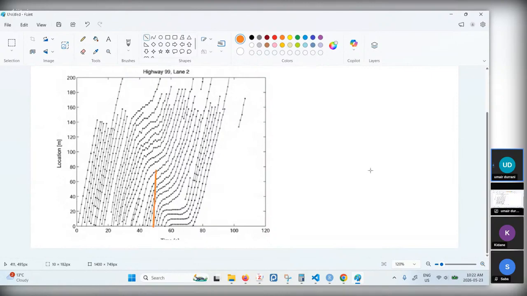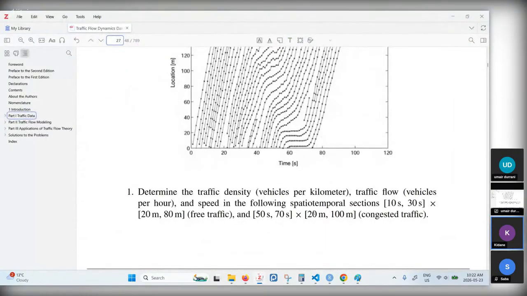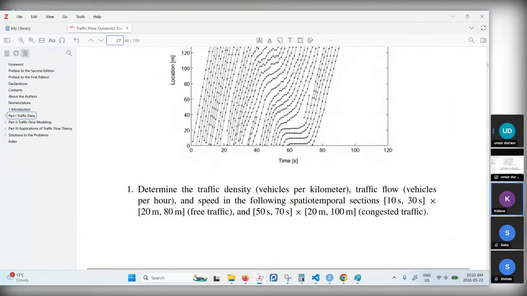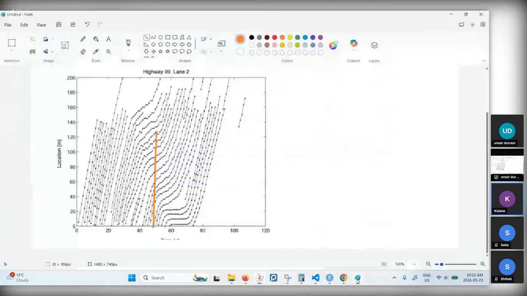So we're here, that's 50. You said 50 to 60 seconds? It's 50 to 70 seconds and 20 to 100. Oh, okay. Yes, sorry, all right, 70 and 20 to 100. 70 will be 20 here, and 100 is here. And so this is a region.